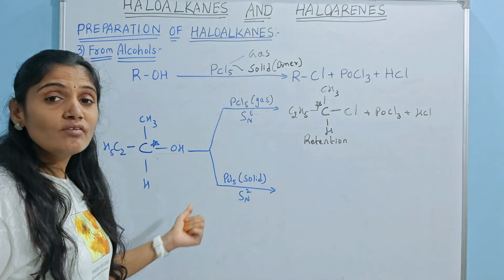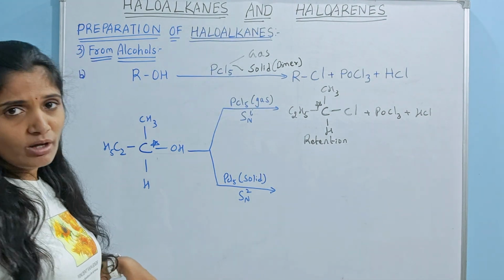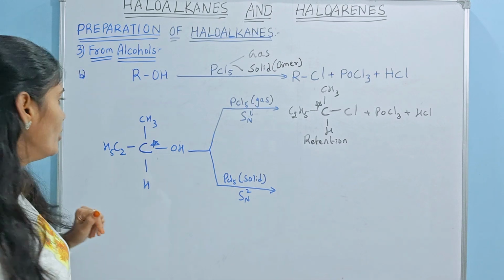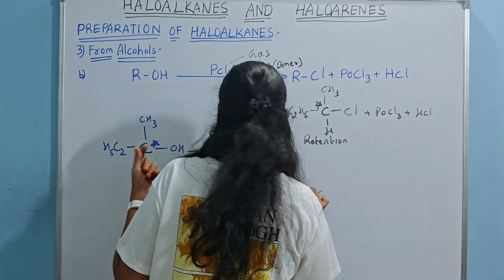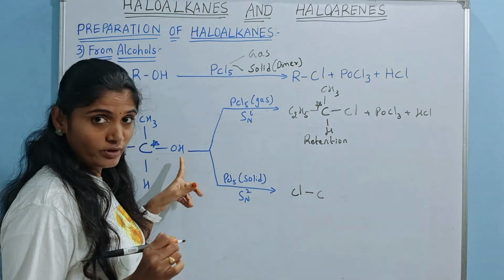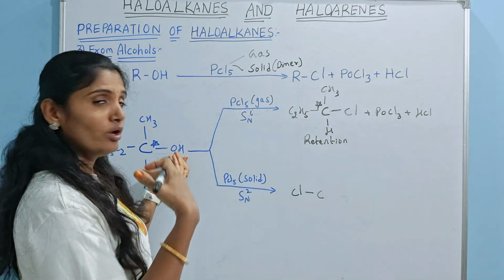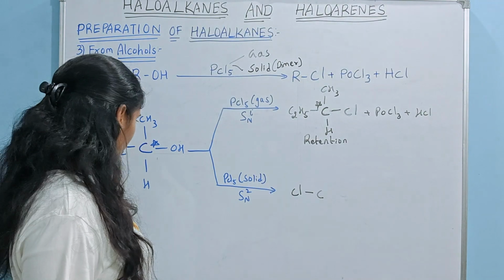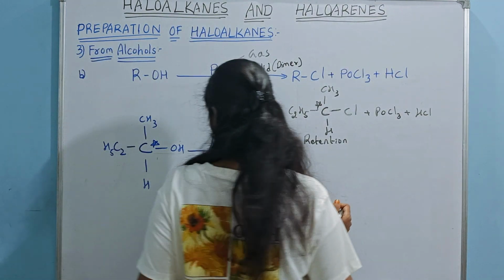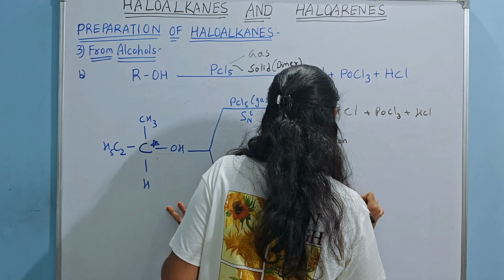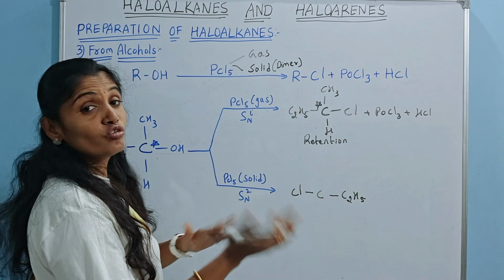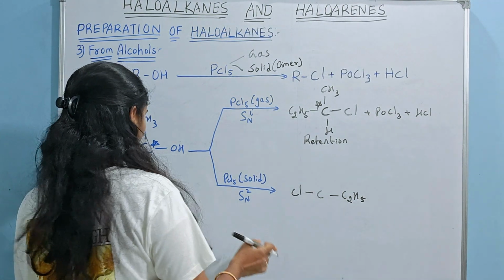Now when we take PCl5 solid, I told you the SN2 mechanism will happen here. So you will get an inverted product. So Cl minus will be on the opposite side of the OH group. If the OH group is on the right hand side, now your Cl minus will be on the left hand side. So here my C2H5 will come this side because you get an inverted product.